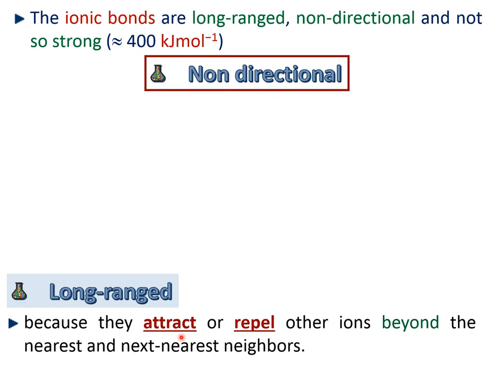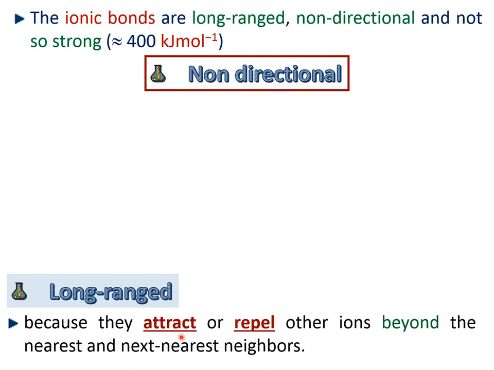Not only the next one, but maybe the one after the next one, and the one after that also. So it has a long range impact. This is the ionic attraction.